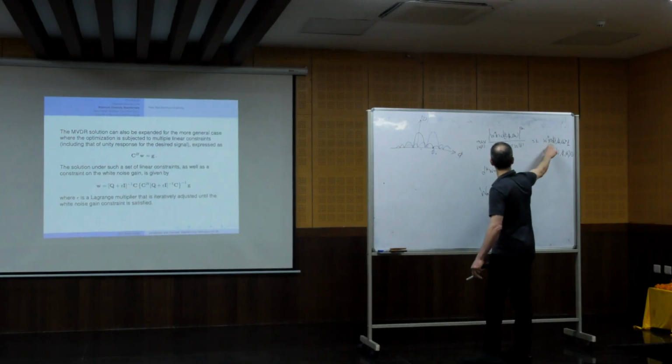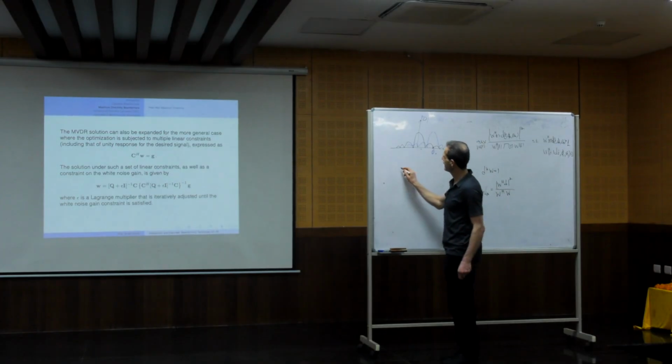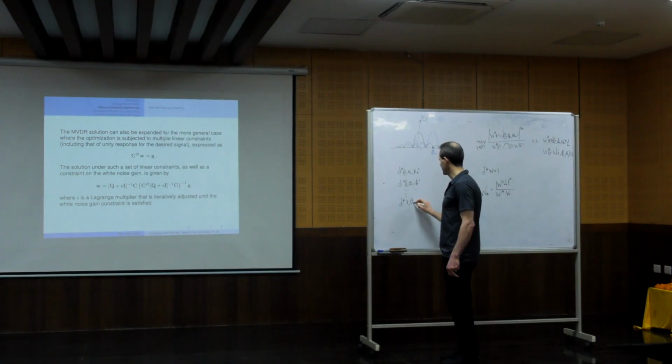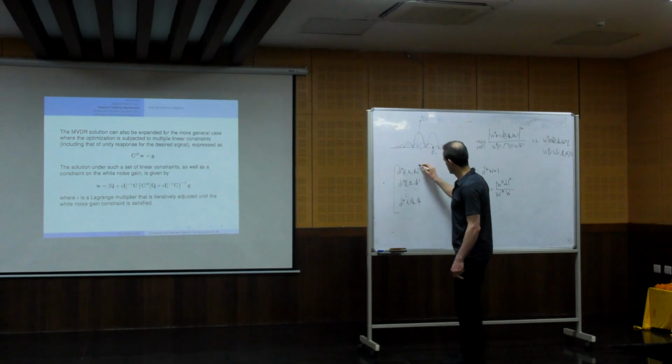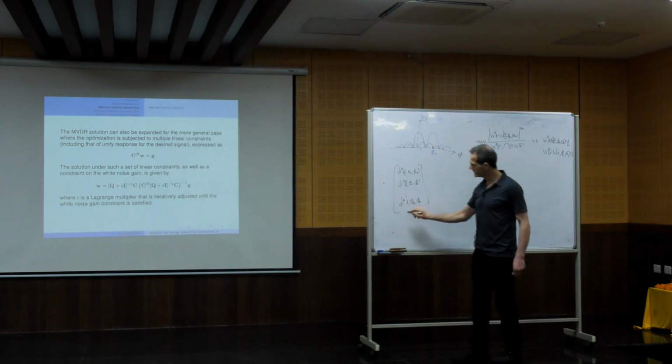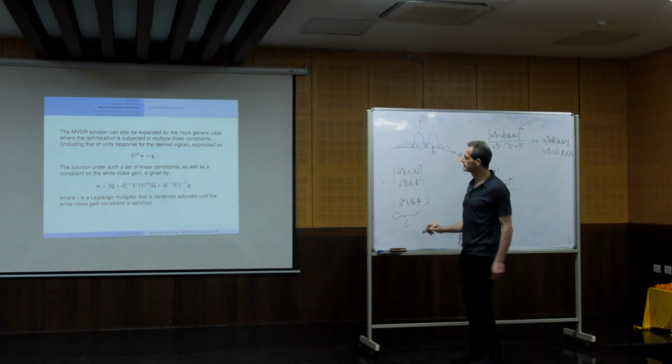So instead of this constraint D, I can write it as D^H F(theta0, phi0), D^H F(theta1, phi1). These are different directions, and so on until we have a few, theta P, phi P. Each vector here is now a row vector, so this is a matrix, and we call this matrix C^H.